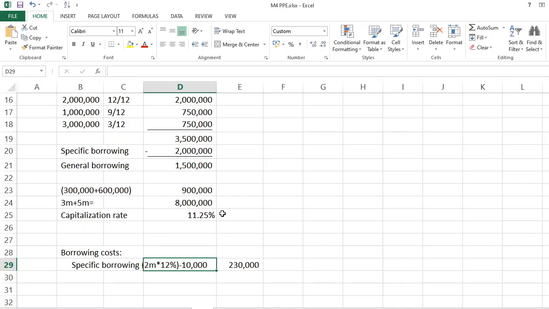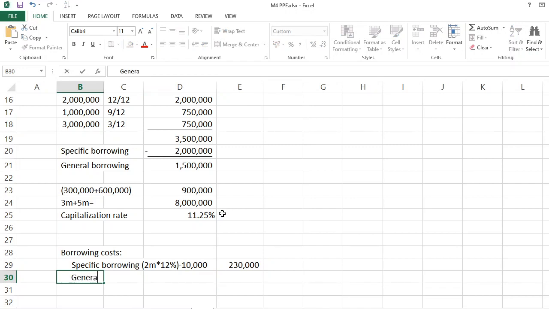Let's go back. The specific borrowing cost would generally be the interest expense. No problem, because the 12% is specific to this specific borrowing. So, we go straight to 2 million times 12%. However, in this problem, it says that while the construction is ongoing, a portion of the specific borrowing was temporarily invested. Therefore, it earned 10,000 interest income. So, we're just going to consider the net interest expense. That's 240,000 minus 10,000. So far, so good.